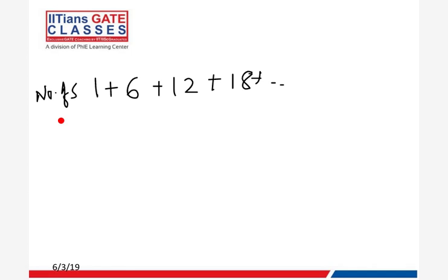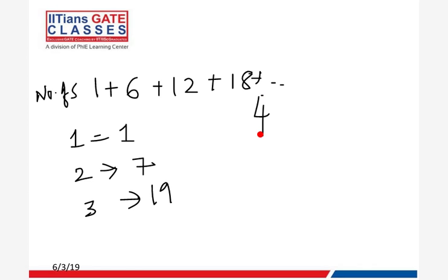If it is one layer, it is 1. If it is 2 layers, it is 7. If it is 3 layers, it is 18 plus 1, 19. If it is 4 layers, it is 37. So if it is n layers, what will be the relationship? Can you guys tell me?